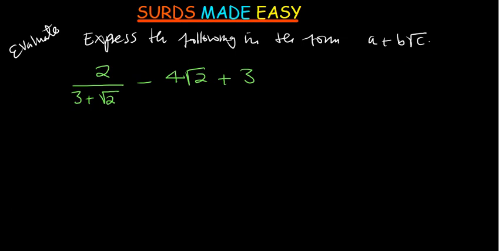So the first thing to do is this portion that has got a fraction with a root down, we need to make sure that we break it so that there will be no root down. And how do we break it? We are going to rationalize the denominator. So I'm going to write it as 2 over 3 plus root 2, and then times 3 minus root 2 over 3 minus root 2.